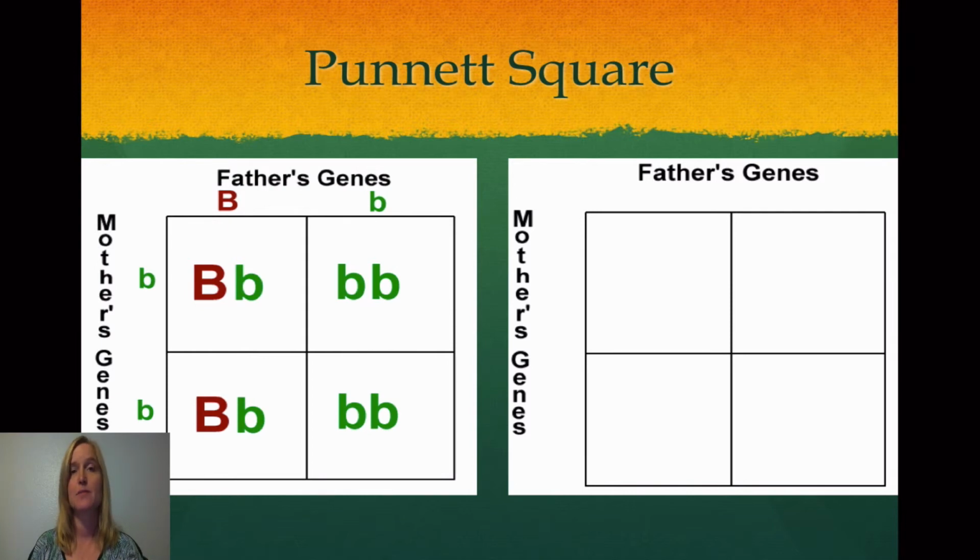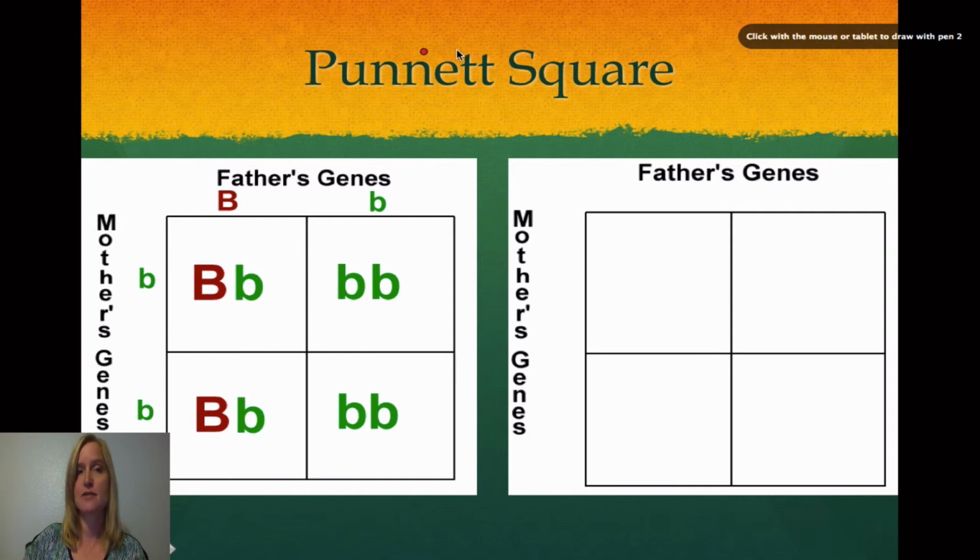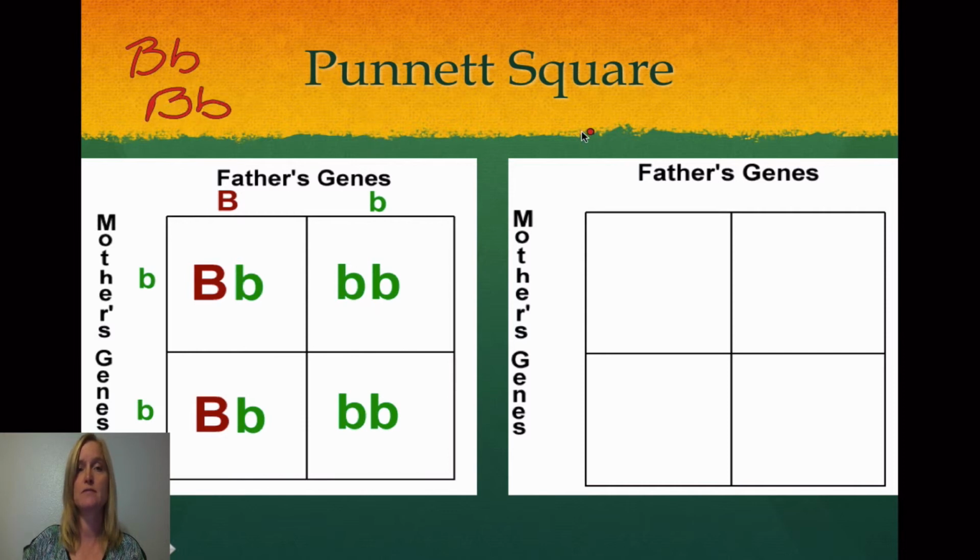Now we're going to do a couple of practice crosses on this monohybrid Punnett square. So let's say that the father is heterozygous and the mother is heterozygous for the trait as well. So for the father, we'll put the two alleles on the top here, like so. And for the mother, we'll put the two alleles along the side.